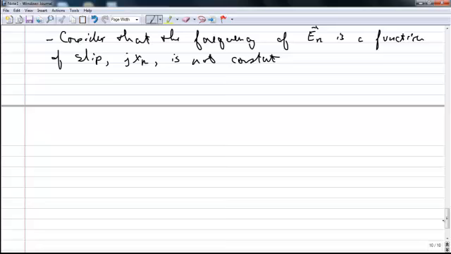Okay, so we can think about the magnitude and frequency of the voltage induced on the rotor being directly proportional to the slip of the motor.